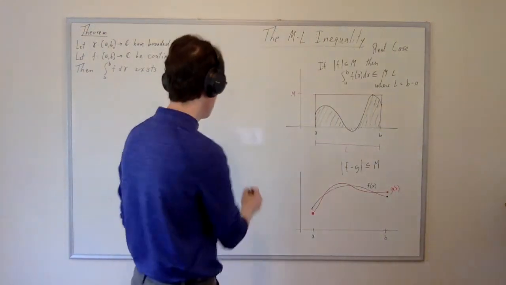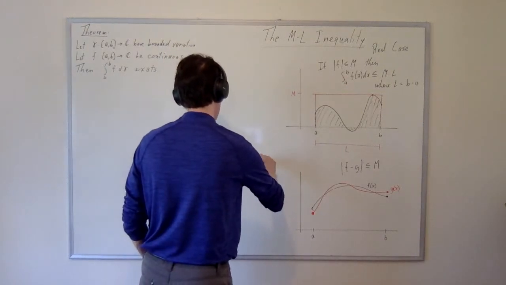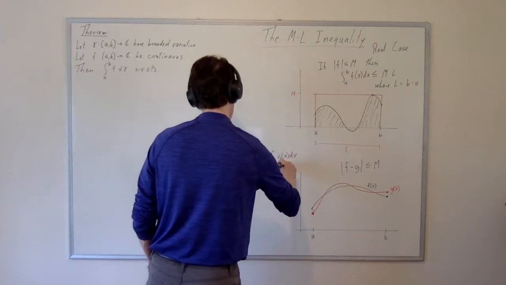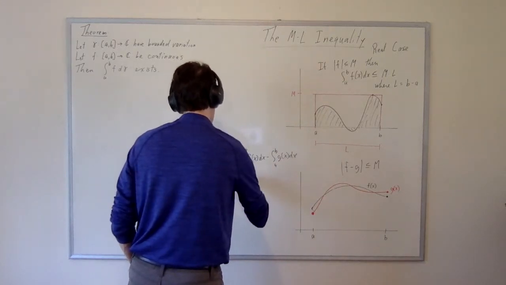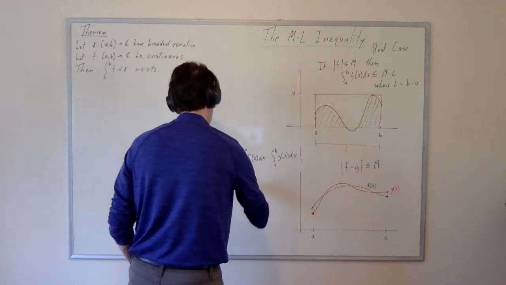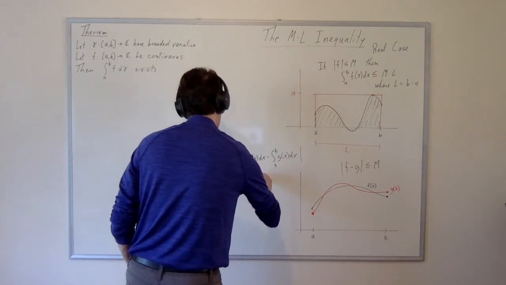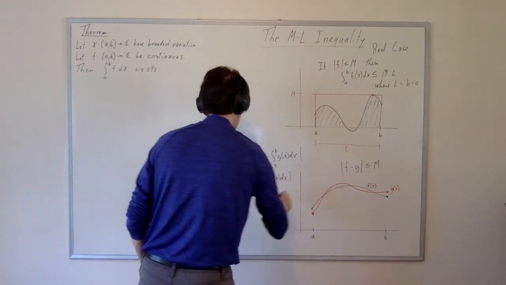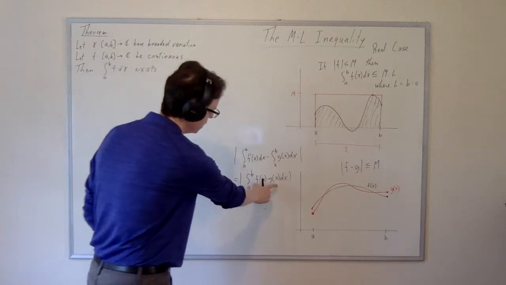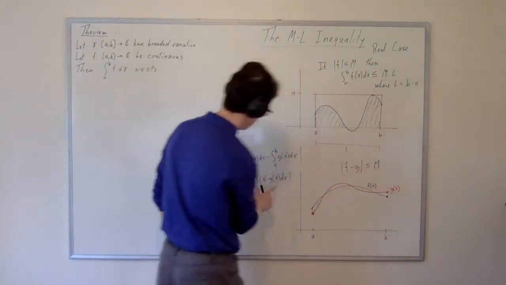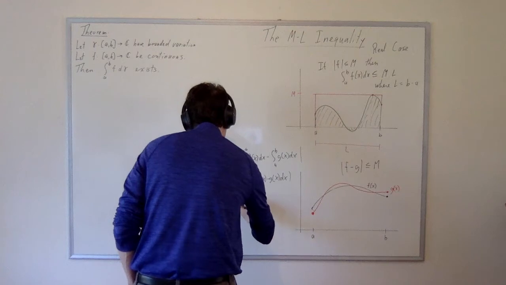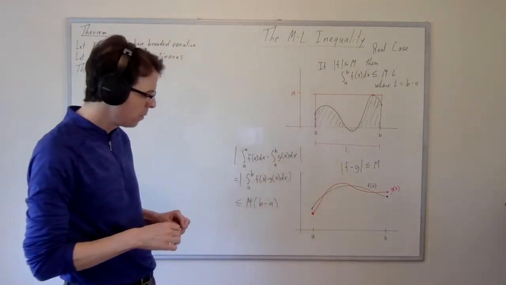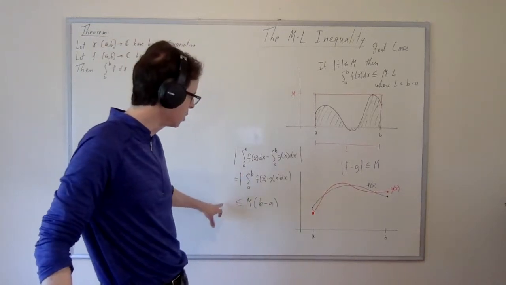Then we can conclude from the ML inequality that the absolute value of the integral of f of x dx minus the integral of g of x dx, both from a to b, is equal to the absolute value of the integral of f of x minus g of x dx. And this integrand is now bounded by M, right? And so this is going to be less than or equal to M times b minus a by the ML inequality.